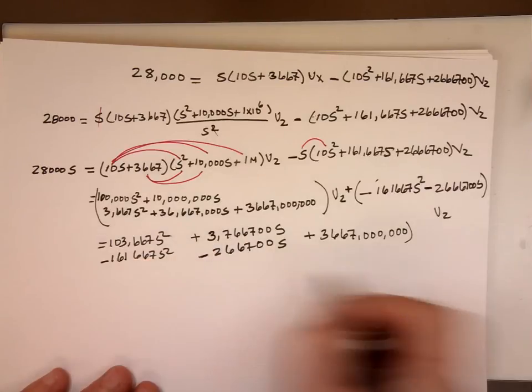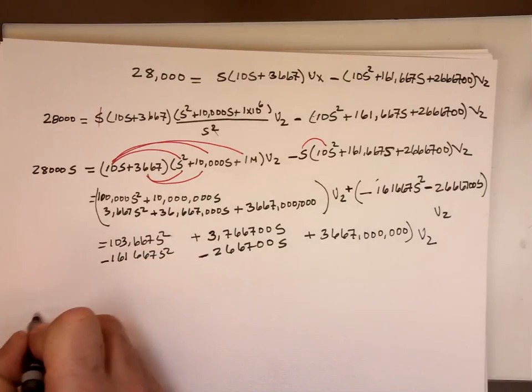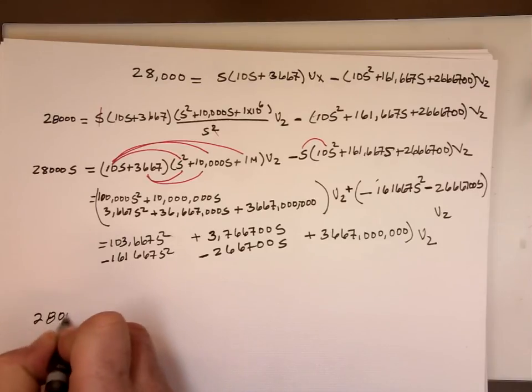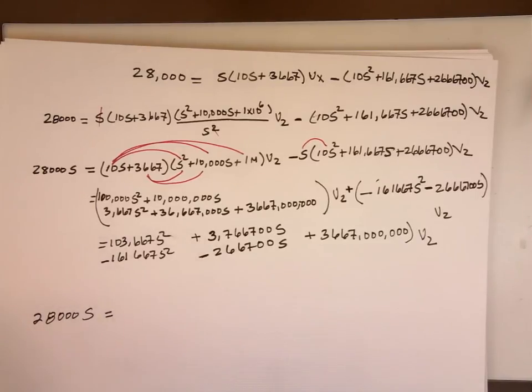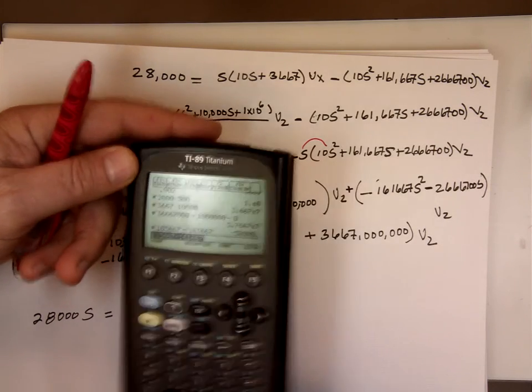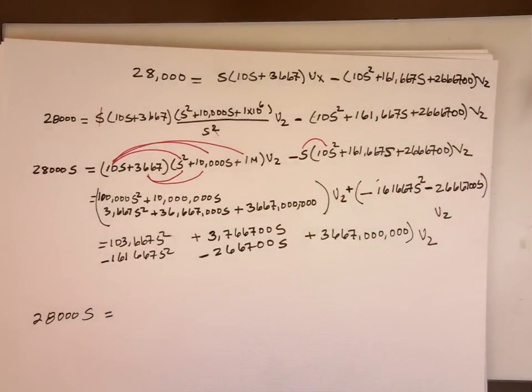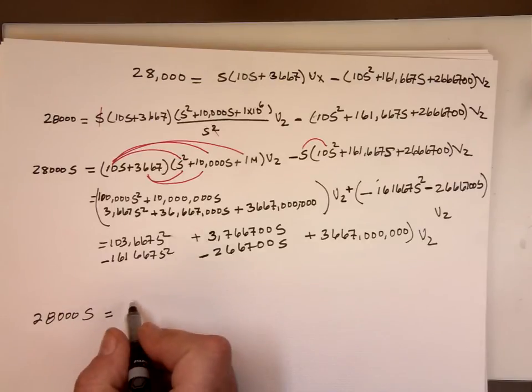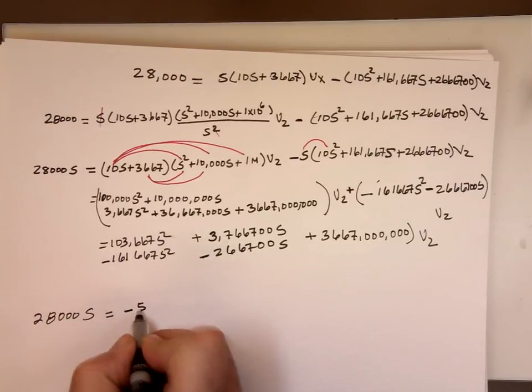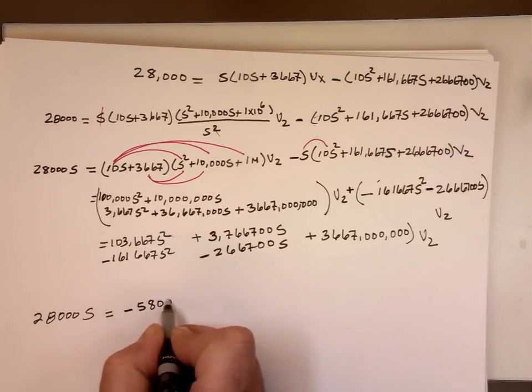So here we go, 20,000 S equals 103,667 minus 161,667 equals, what do you know, minus 50, I don't know if it's 50,000 or 58,000, I can't really tell. Let's see for your S terms. Yep. I think it's supposed to be, oh, sorry, never mind. I can't really tell if that's 50,000 or 58,000. I'll go 58,000. Yeah, it's 58.